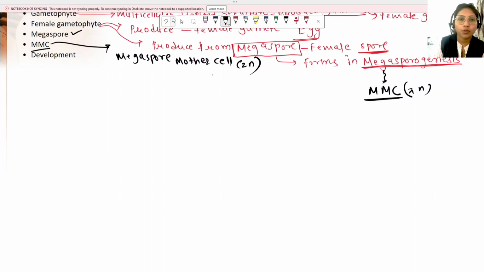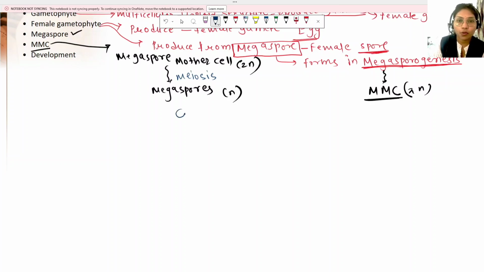MMC is the megaspore mother cell. It will form megaspores which are haploid. So here there will be meiosis. Megaspore mother cell will form megaspores through the process of meiosis. Meiosis is the reductional division.